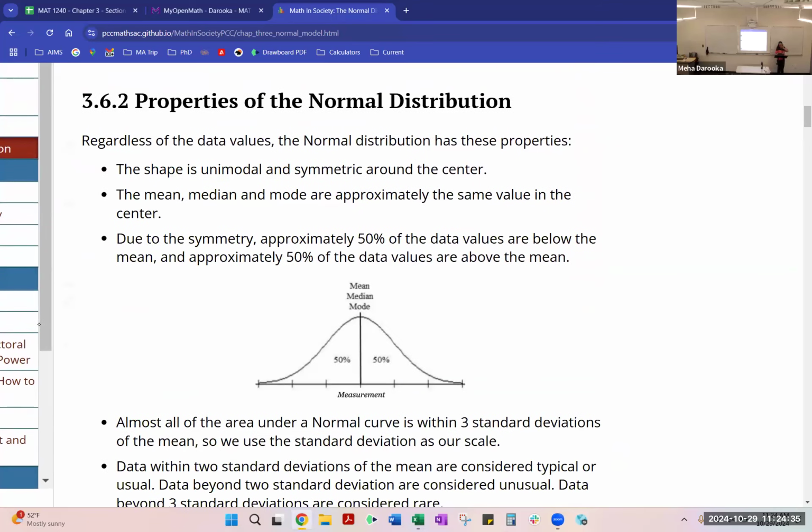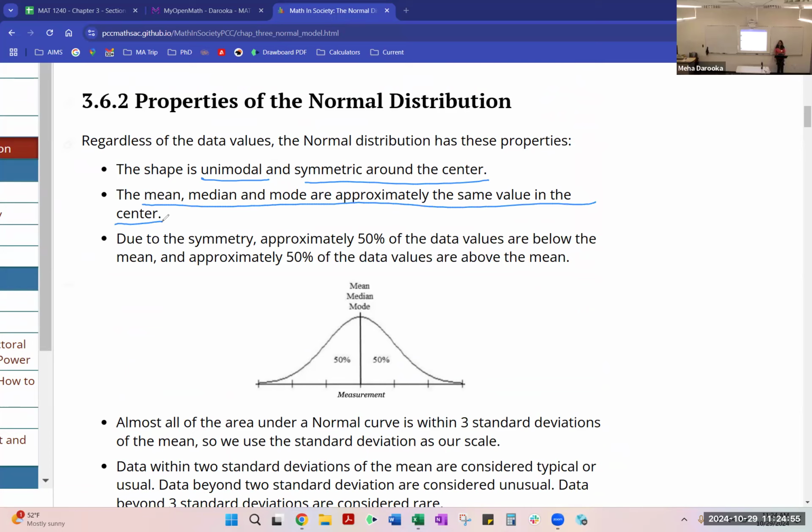Alrighty. So, properties of a normal distribution. Regardless of the data values, the normal distribution should have these properties. It should be unimodal. It should be symmetric around the center. Your mean, median, and mode, all three of them, have to be approximately the same value.